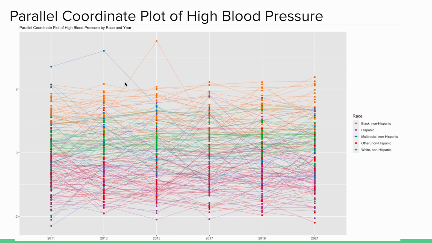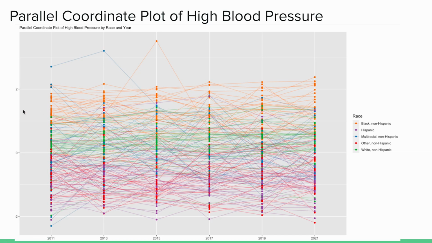So here we can see the Black population tends to have higher rates of high blood pressure, and below that it tends to be white. And then down here we have a mixture of the multiracial, other, and Hispanic populations.